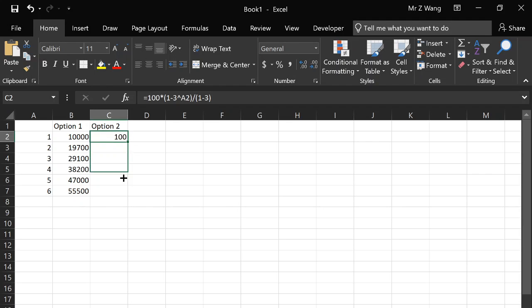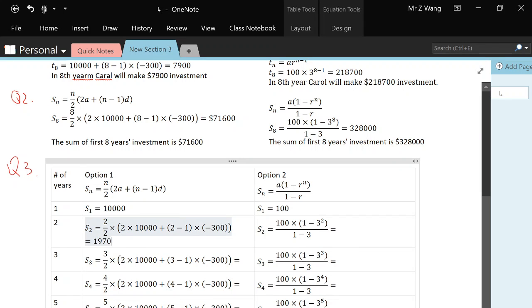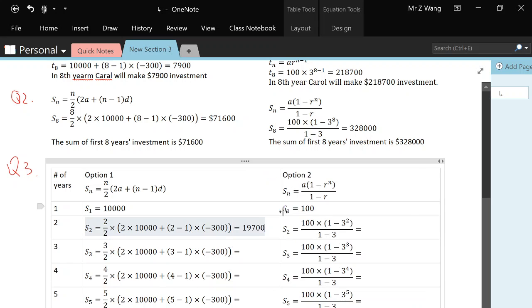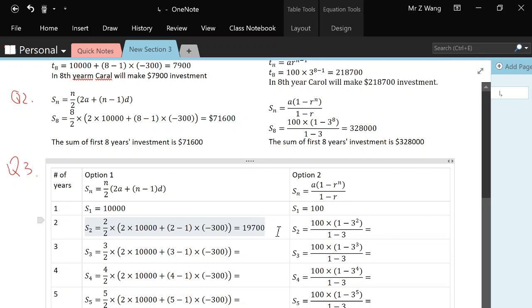Okay, now I'll just copy down the values. This is 10,000, 19,700. And this is 400.